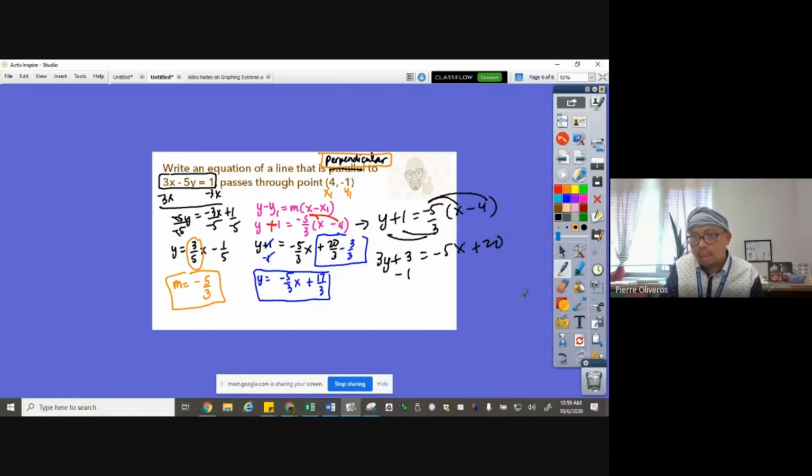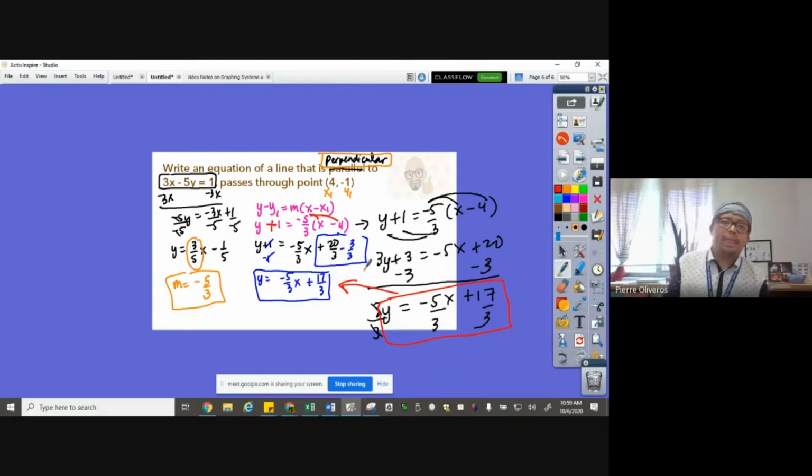I'm going to subtract 3 here, combining the like terms. I'll get 3y is equal to -5x plus 17. Now I divide by 3, divide by 3, divide by 3, cross it out. And your answer now will be y is equal to -5/3 x plus 17/3, which is exactly the same as that one. So either way, you should get the same answer.